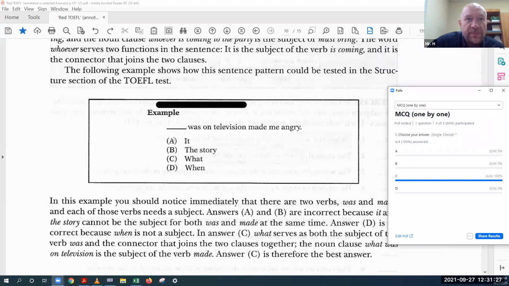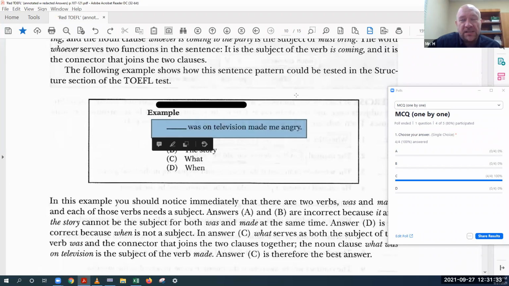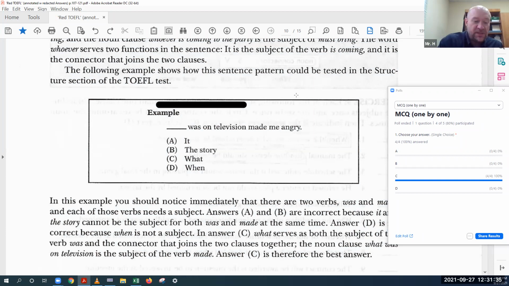Let's start with Al-Harbi. Can you find, in this example, do you see any subjects or verbs? Was is the verb. Are there any others? Is that the only one? Made. Made. Okay.